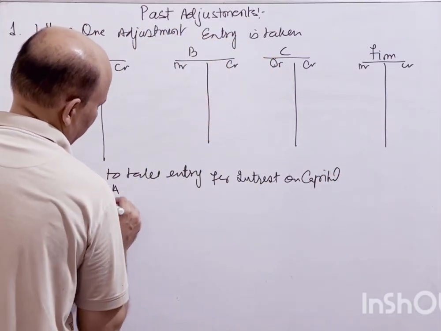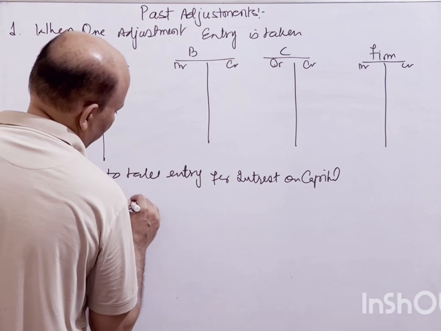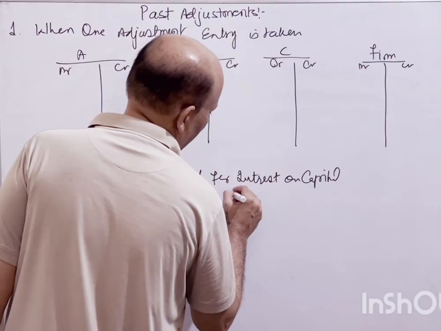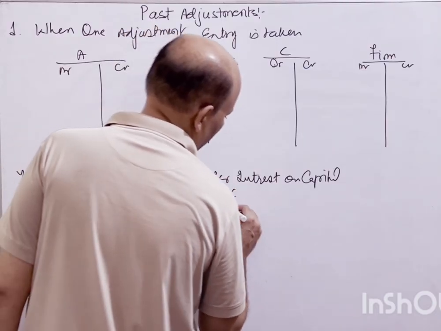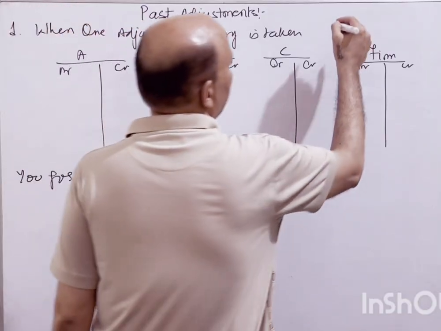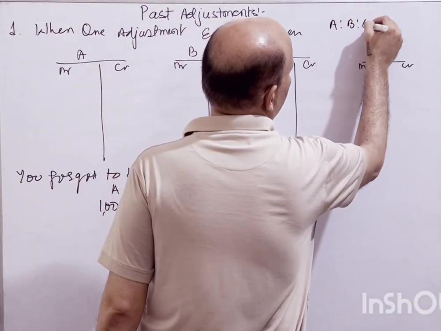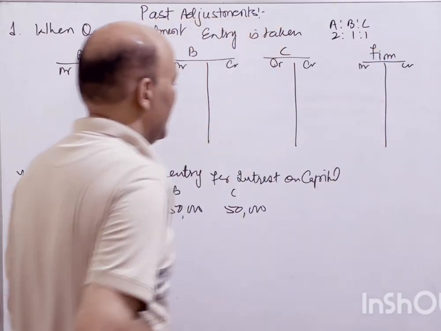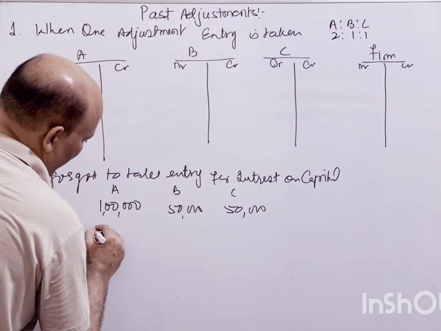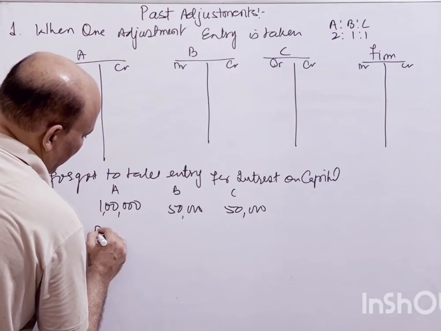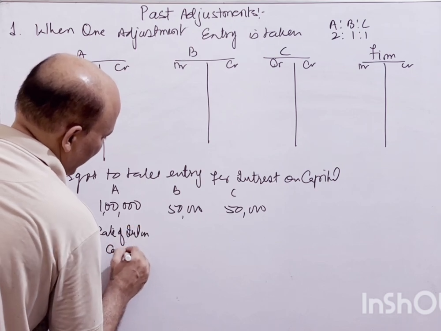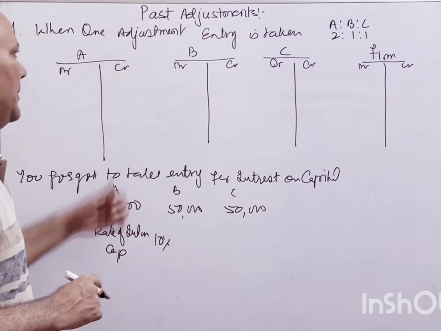Now A's capital is 1 lakh rupees, B's capital is 50,000 rupees, and C's capital is 50,000 rupees, and their ratio is A is to B is to C, 2 is to 1 is to 1. This is the ratio, right? And the rate of interest on capital is 10% per annum, right?